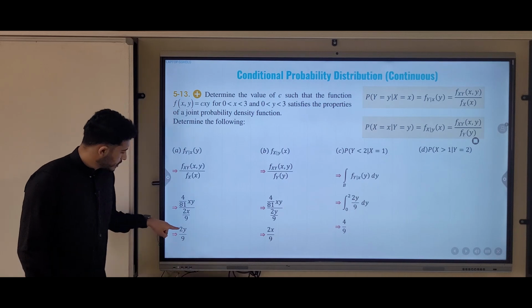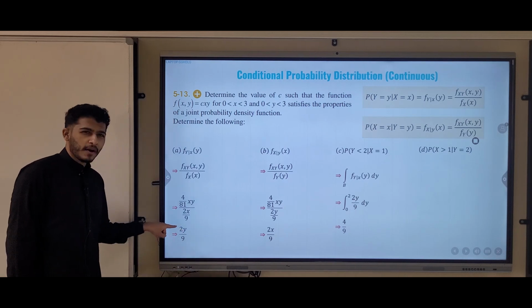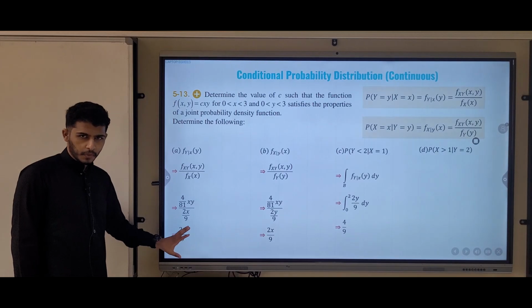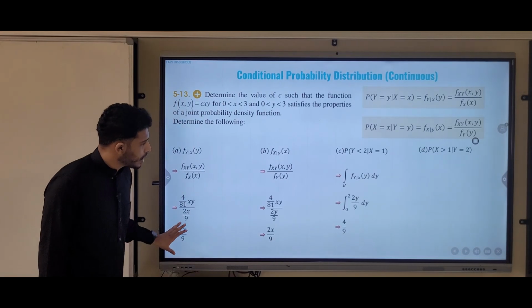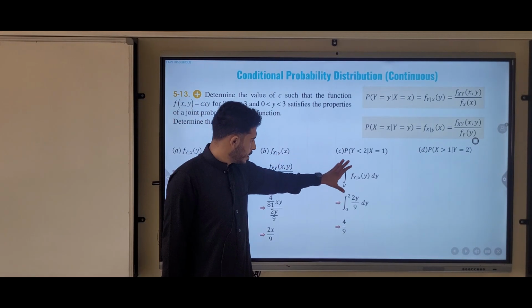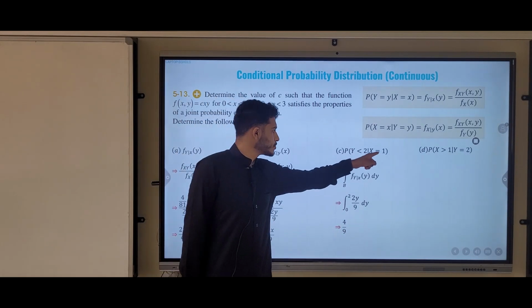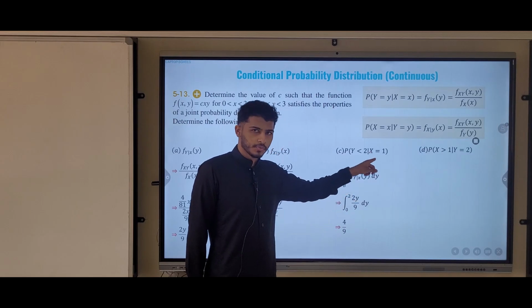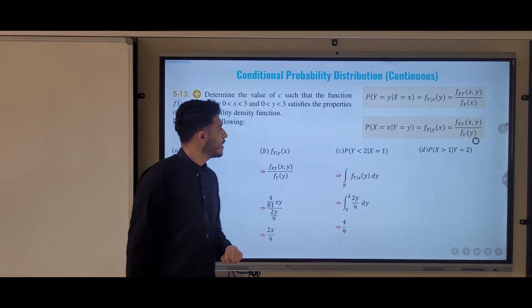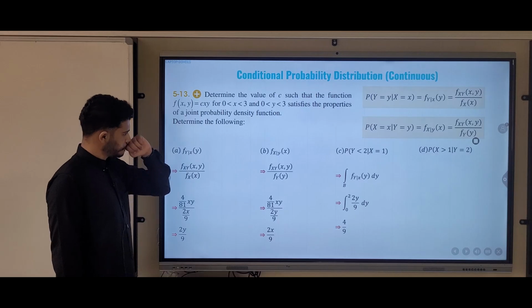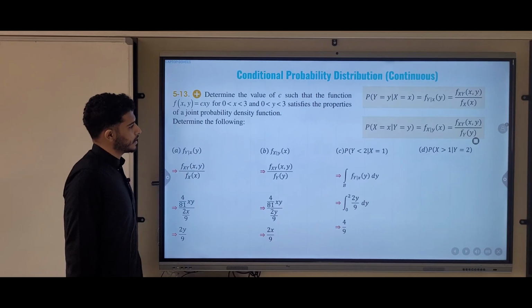Sometimes you might not get only 2y in this case. Maybe you would have 2yx, okay? So in this case, when you implement it here, you're going to have an x remaining. So this x would have a value that equals 1. So if you have an x in here, just substitute it with 1, since the given here is that x should equal 1 in our case.